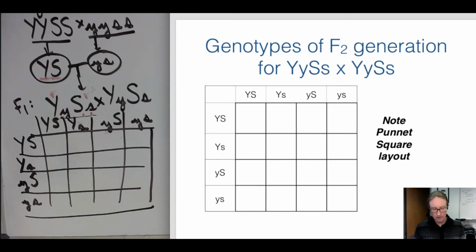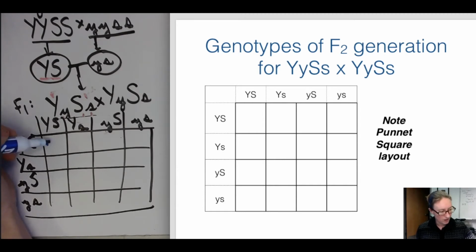And as I'm doing this, so I talked previously about the convention that you always put the capital letter first. The other important convention here is to put allele pairs together. So when I'm looking at this combination of big Y, big S with big Y, big S, for the outcome, what I'm going to write is big Y, big Y, big S, big S.